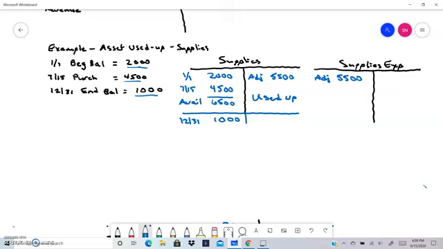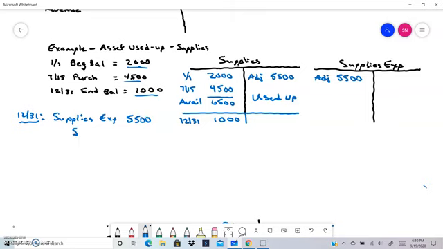So basically at 12/31, what we want to do to make sure we record the appropriate amount of expense for supplies that are used up, because we no longer have $6,500, we only have $1,000, is make an entry. We want to debit supplies expense for $5,500.